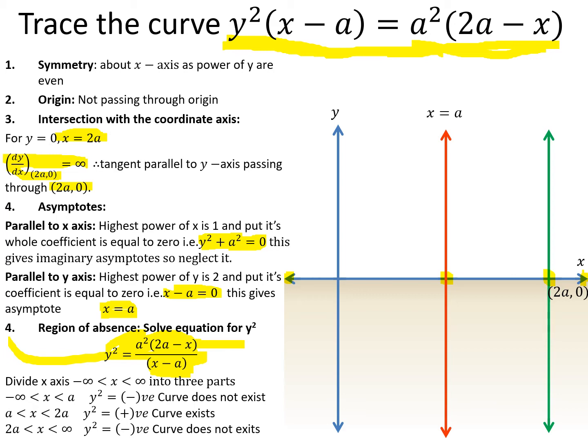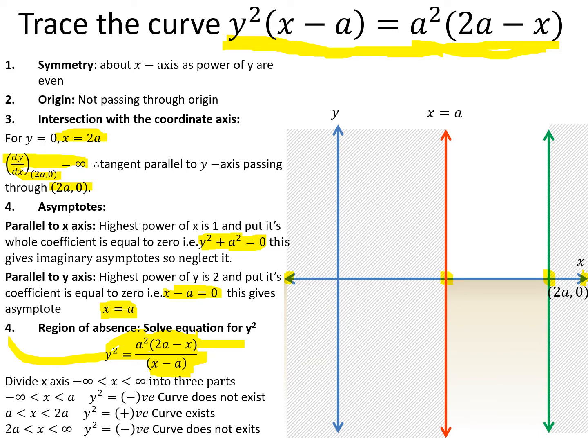Now the last part: if x is greater than 2a, then the numerator, 2a minus x, is a negative value, while the denominator, x minus a, is a positive value. So altogether y square will be negative, hence the curve does not exist in this region. Now we will shade the part in your XOY plane where the curve does not exist. From minus infinity to a and from 2a to infinity, the curve does not exist.